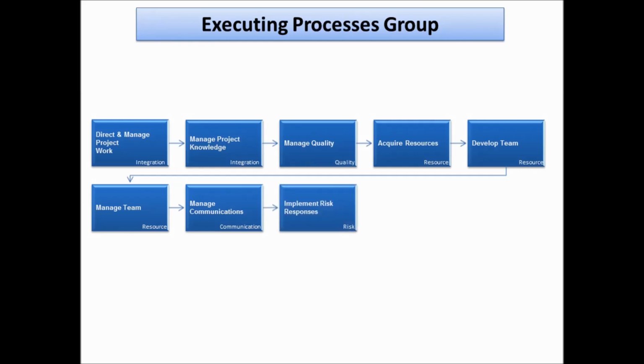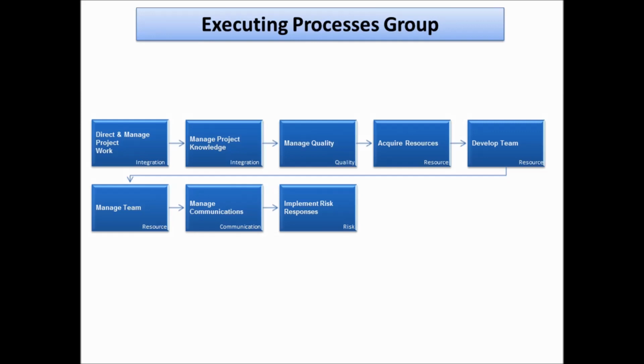The next one is implement risk responses. This is again a new process added to the executing process group. Now, what is the difference between plan risk responses and implement risk responses? Hope you remember that plan risk responses was under the planning process group, right? It's pretty simple.